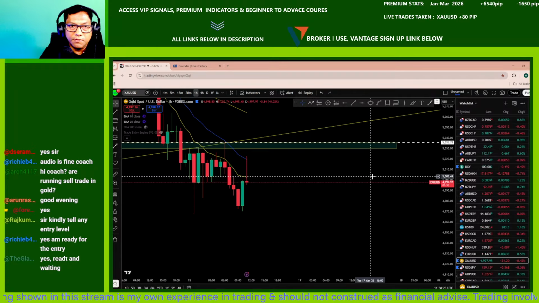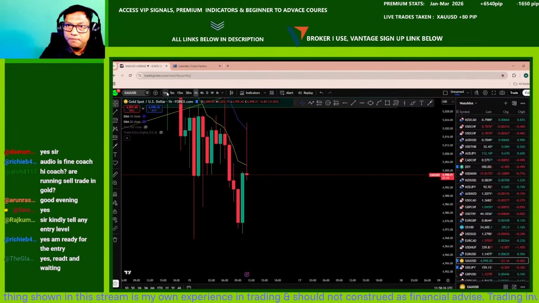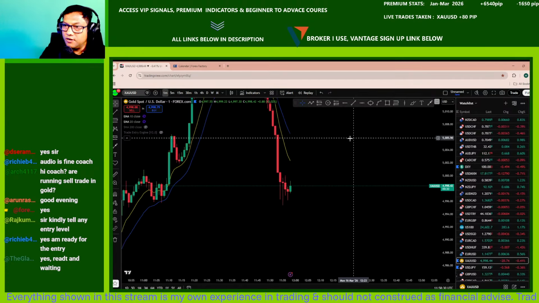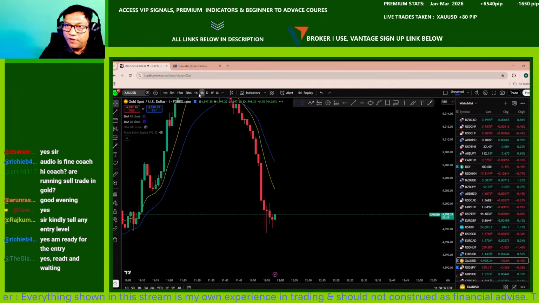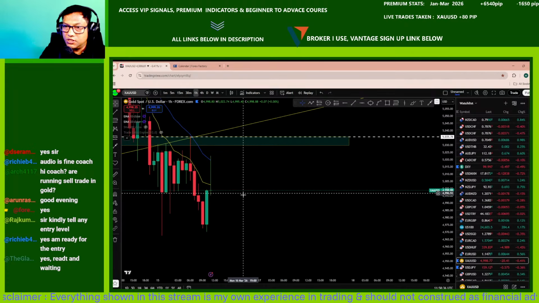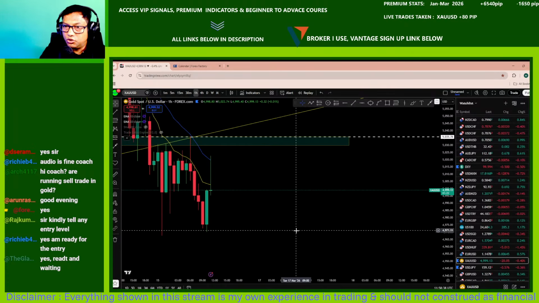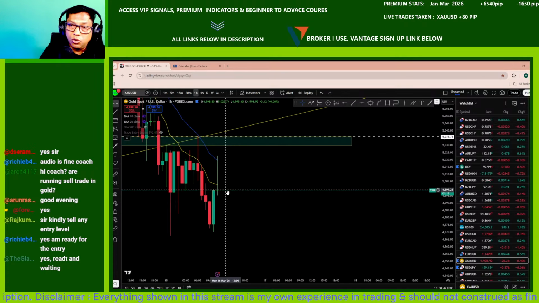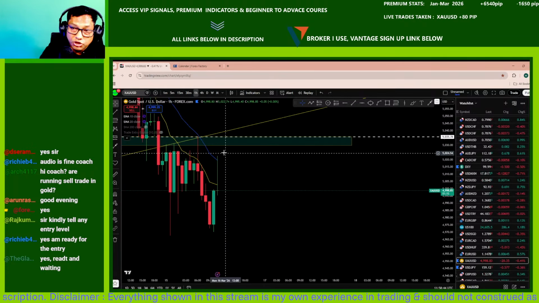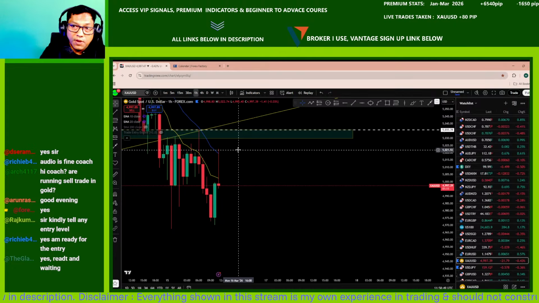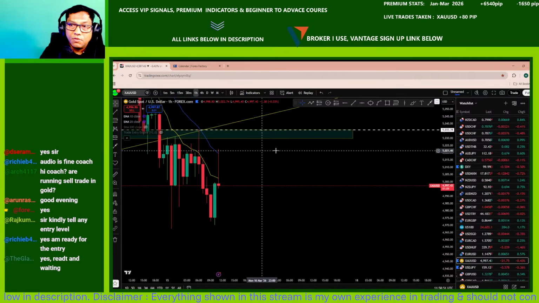Okay, so you can see some kind of pullback coming, and that's what to look at, because after this 1-hour candle close, traders, if the candle closes as a doji, the potential for the market to drop is higher, but you could see potentially even another pullback to the upside again, and that is where you will be able to look for a sell.